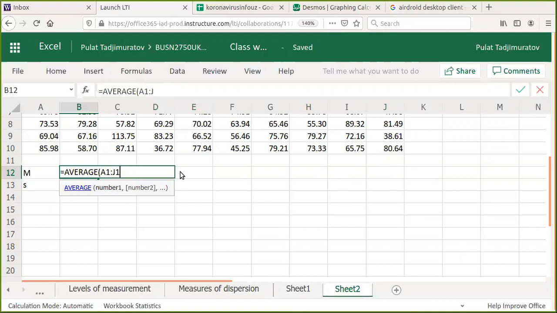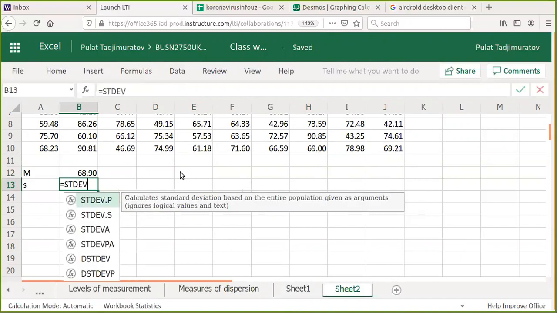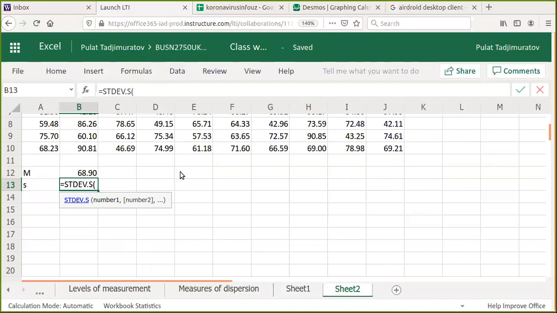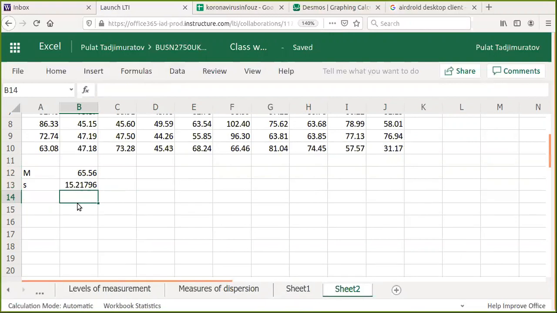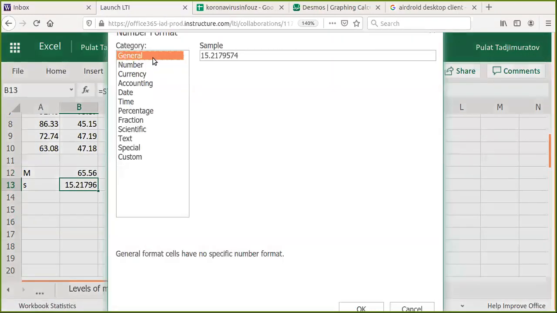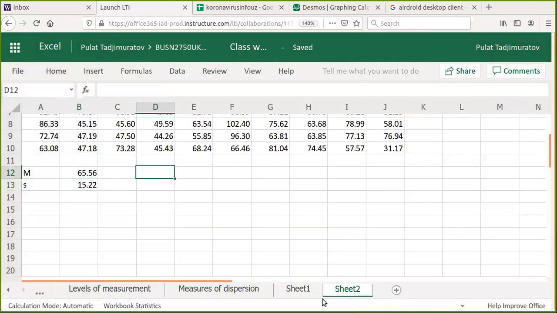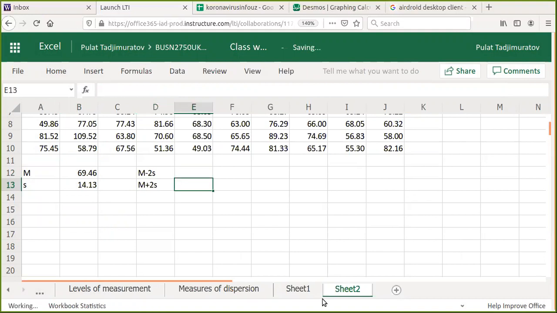That should be J12 or 10. And my standard deviation is again A1, J10. So here we have our mean and standard deviation. And again, I'll find those boundaries, mean minus 2 standard deviations and mean plus 2 standard deviations.